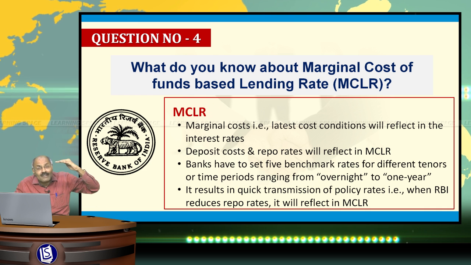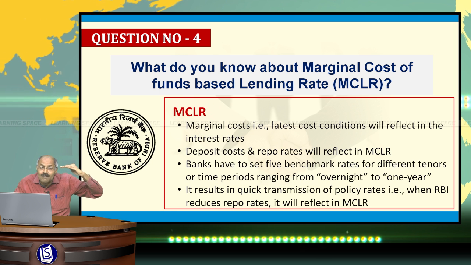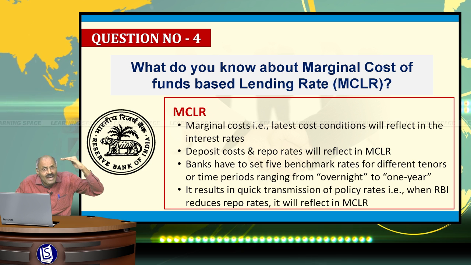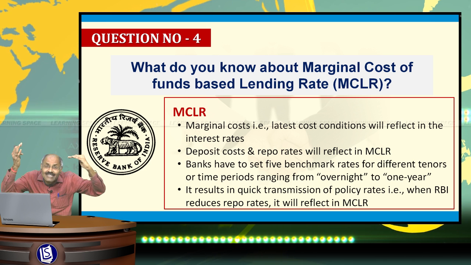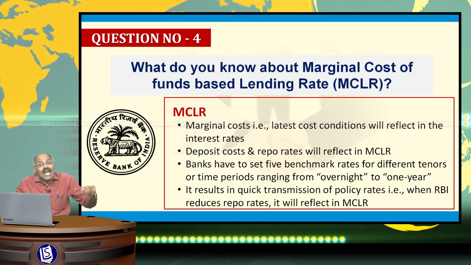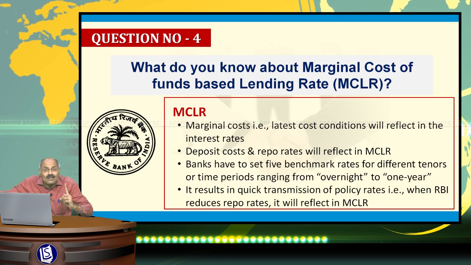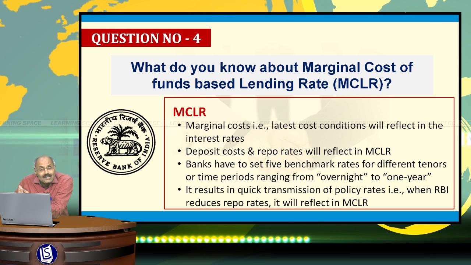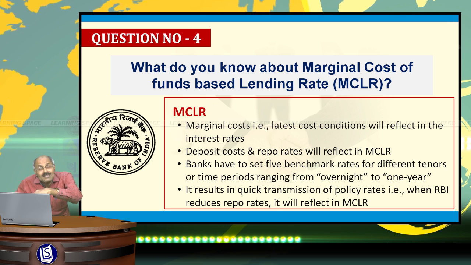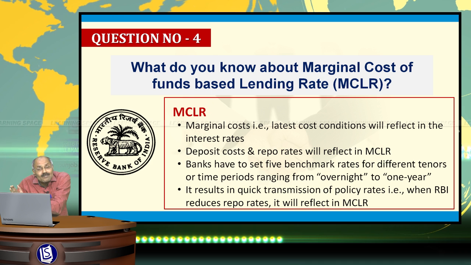If you make a fixed deposit for 1 year, you will get 7.5%. For 5 years, you will get 8%. For 10 years, you will get still more interest. Like that, banks will come up with tenor based interest rates for 3 months, for 6 months, for 12 months. That means in future, the lending rates will be based on tenor.